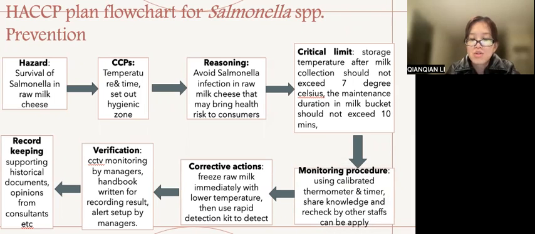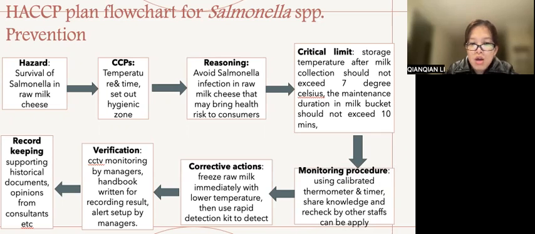And there's the reasoning, the justification, the reason why we are choosing this hazard and CCP. Then there is the critical limit, which is what we need to do to eliminate or mitigate the CCP. And that's the limit. The next principle is the monitoring procedure.